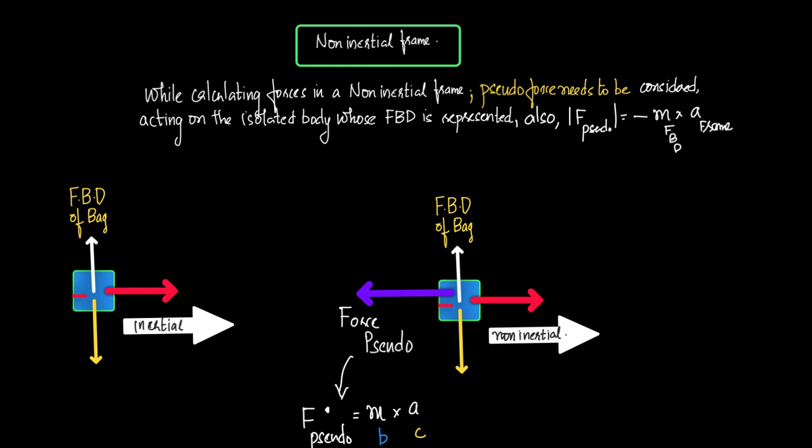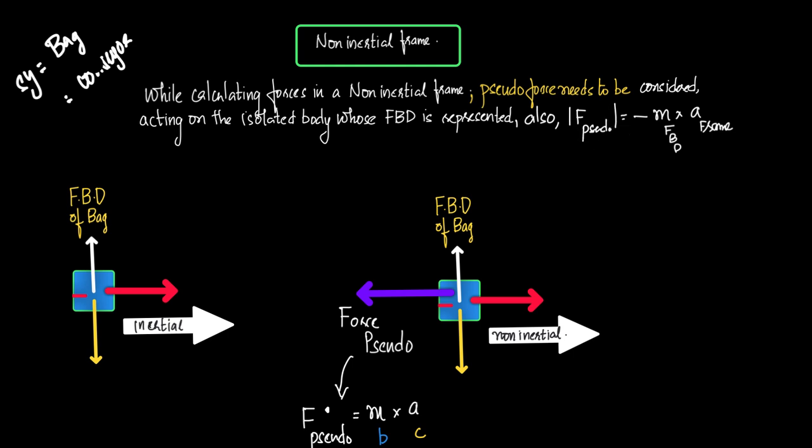Our system here consists of two bodies, the bag and the conveyor. Since we are interested in the motion of the bag, while considering the free body diagram of this bag, we will also have to include the pseudo force acting on the bag.